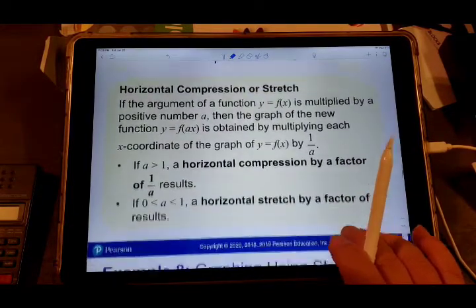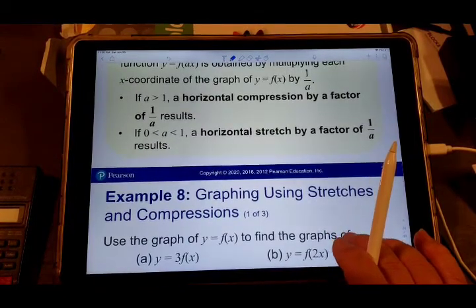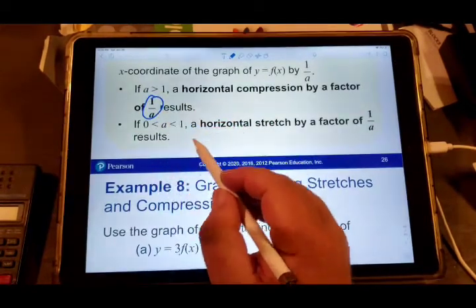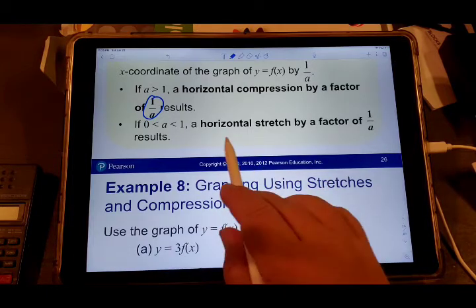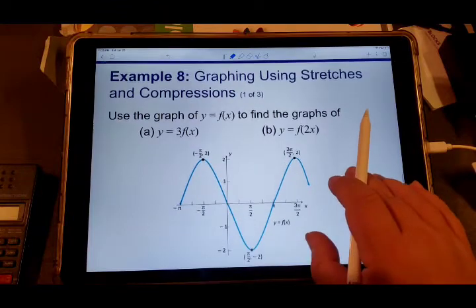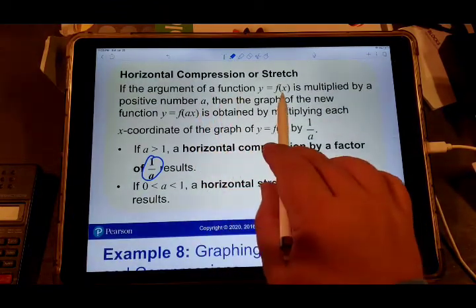Horizontal, be careful, because it's exactly the other way around. So if you multiply by a fraction, okay, horizontal stretch. Let's look at it. The argument of the function is x.